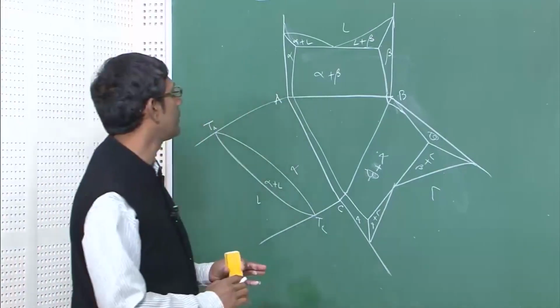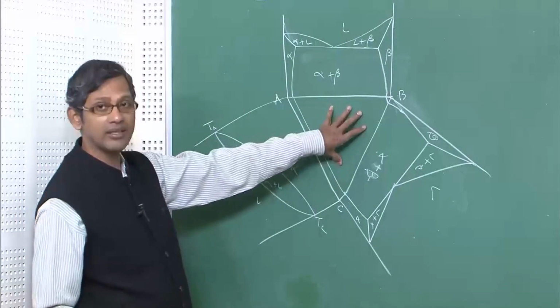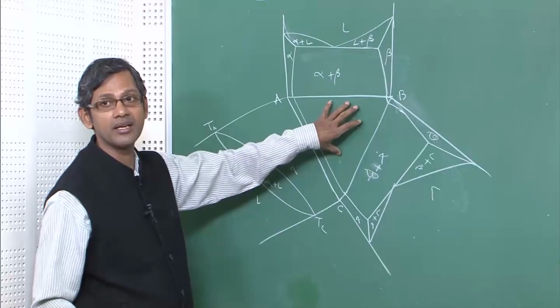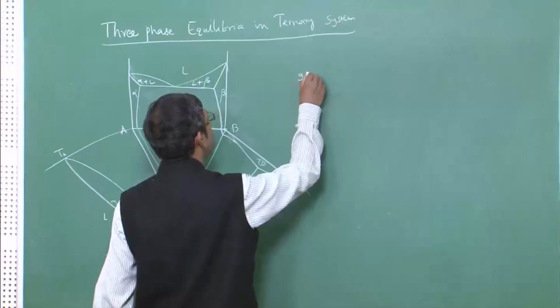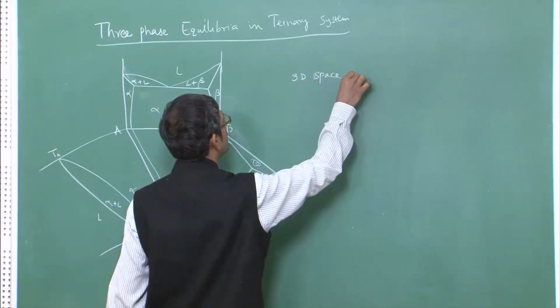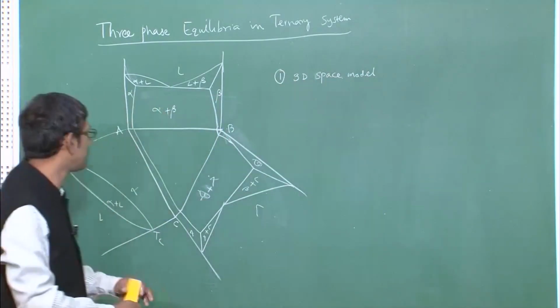What all will we discuss here? So, these are the three binary phase diagrams. We need to develop the ternary here and then go ahead with different aspects of the ternary phase diagrams. First thing we will discuss is a 3D space model, that will tell us how this phase diagram will look.